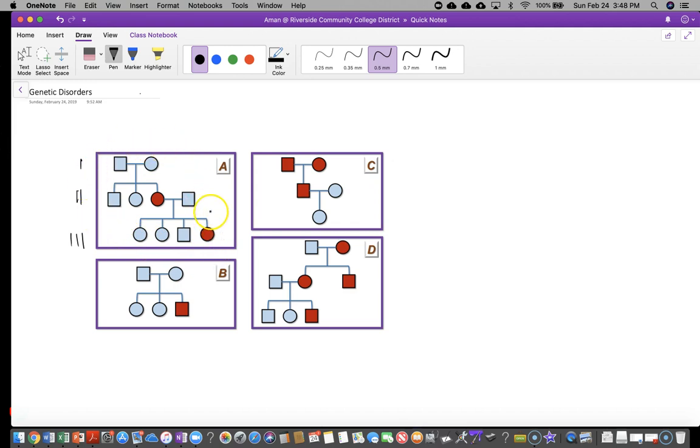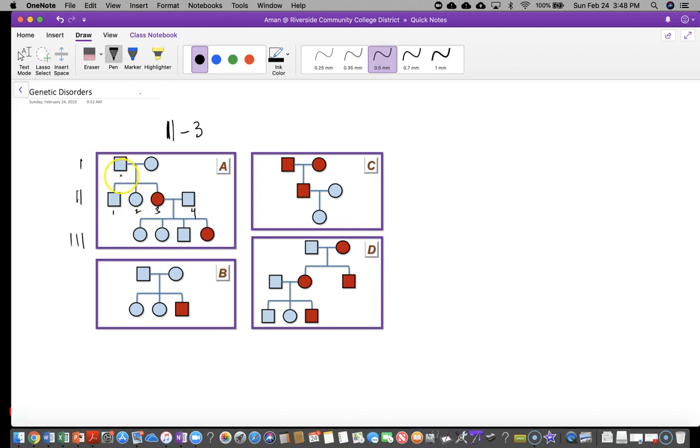You could be asked a multiple choice question on your quiz and exam, such as: in the second generation, which individual is affected? Using Roman numerals for generation, you will say in the second generation, member number 3 is affected. This is number 1, number 2, number 3, and number 4.